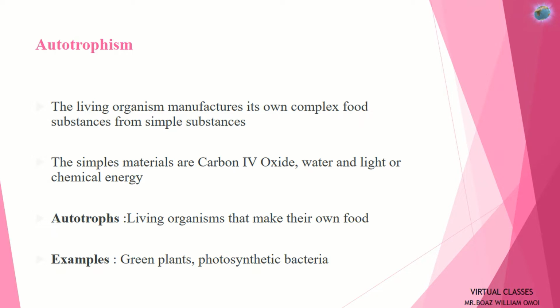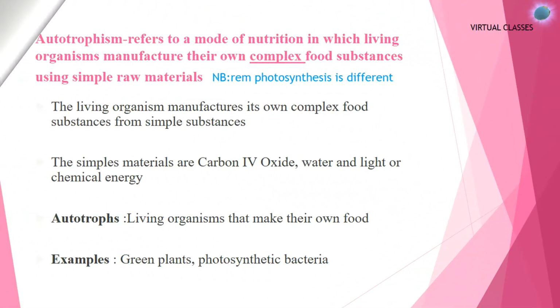In the examination, usually the examiner will ask a student, define autotrophism for 1 mark. In case you'll be asked this question in the exam, you say, autotrophism refers to a mode of nutrition in which living organisms manufacture their own complex food substances using simple raw materials. Very, very important.